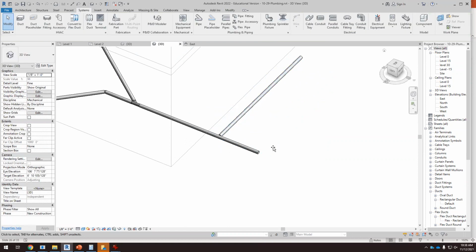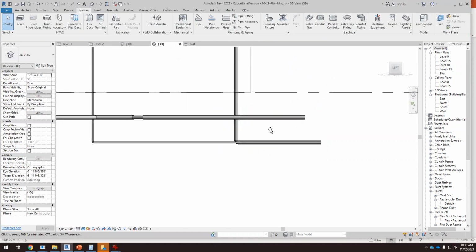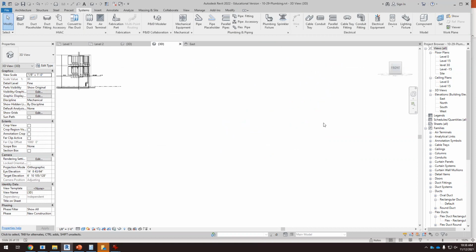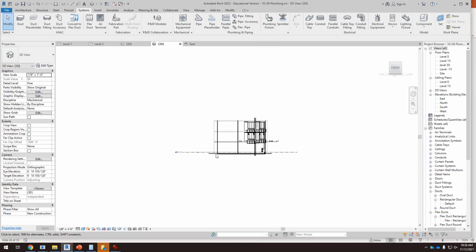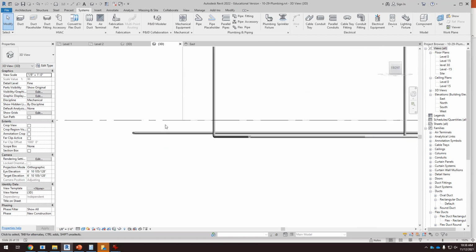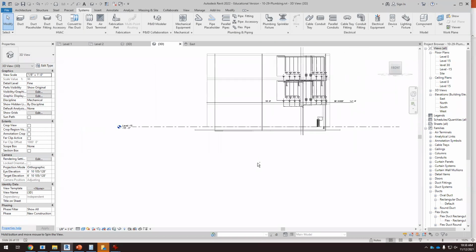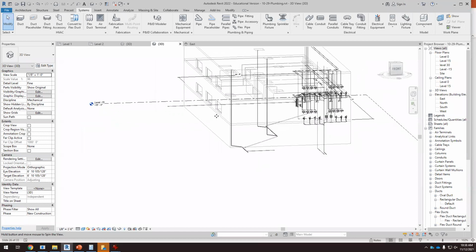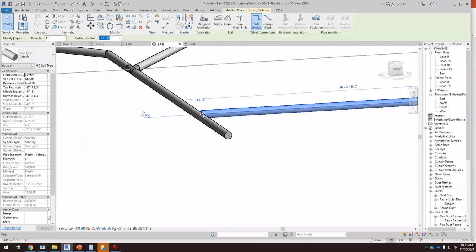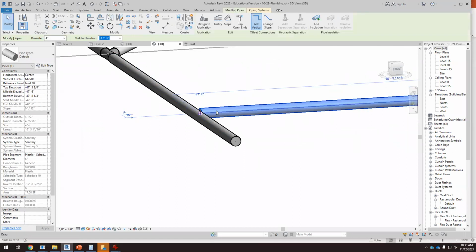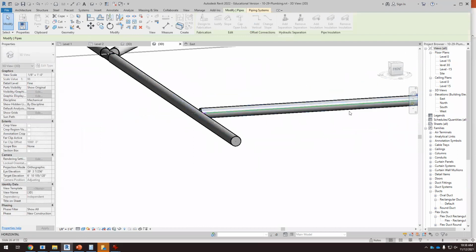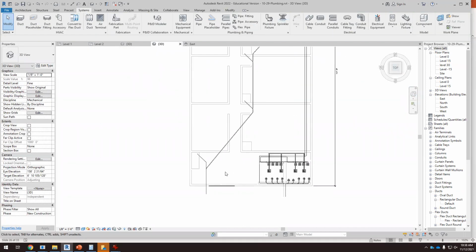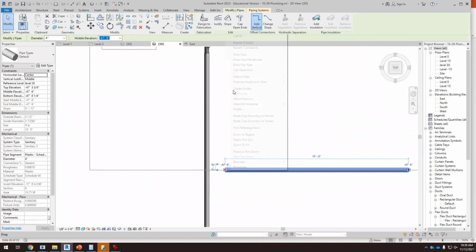Okay, so this pipe has to be at the same level. It has to be at this level, okay? And this connection, again, should be something at 45 degrees.